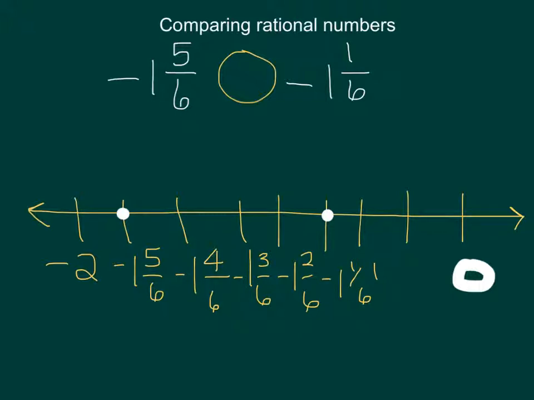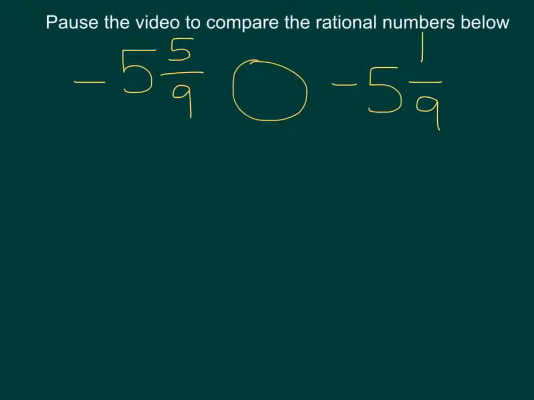The number closest to 0 on the negative side is the largest. The number farthest away is the smallest. So we would say that -1 and 5/6 is less than -1 and 1/6. Pause the video to compare the rational numbers below.